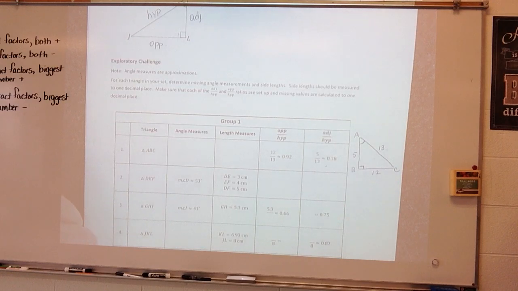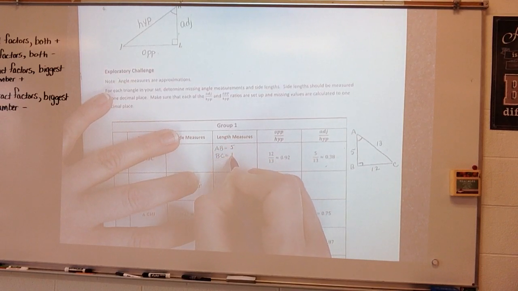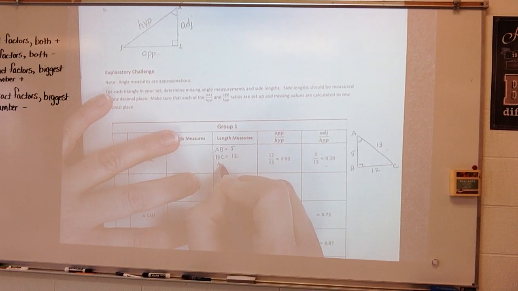So that gives us our length measures. So AB is equal to 5, BC is equal to 12, and AC is equal to 13.